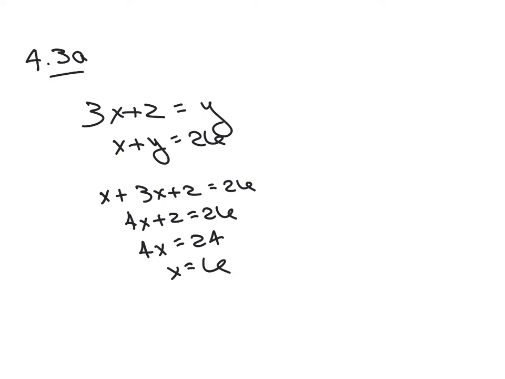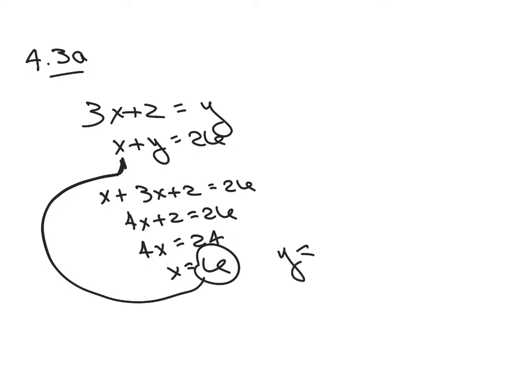So x equals 6. My other number, I'm going to take this 6 and put it in here. And I know that my other number, y, is going to be 20.